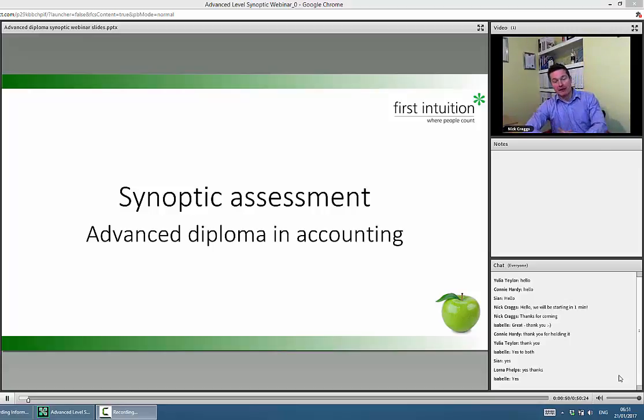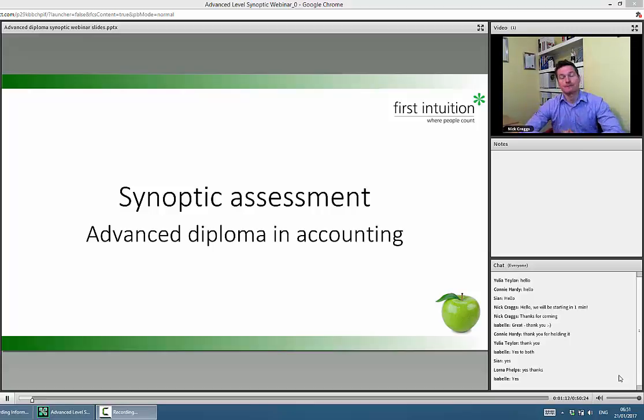Right. The Synoptics are a new thing that's come in for AQ 2016, and as much as the AAT put a positive spin on the fact that it's a really good thing, it's what employers want, the reason why Synoptic exams have come in is for apprenticeship reasons, because the new apprenticeship rules, the Trailblazers, require a summative end assessment.